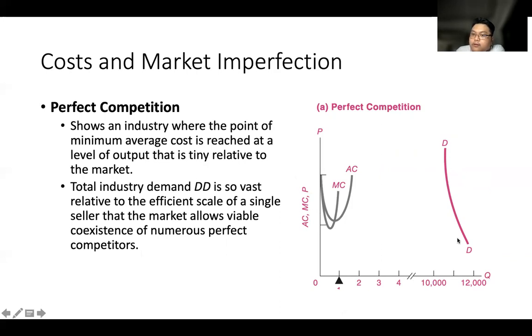Market demand is already at the thousands level, but average cost has already increased at a certain point before reaching the demand curve. So total industry demand, DD, is so vast relative to the efficient scale of a single seller that the market allows viable coexistence of numerous competitors.